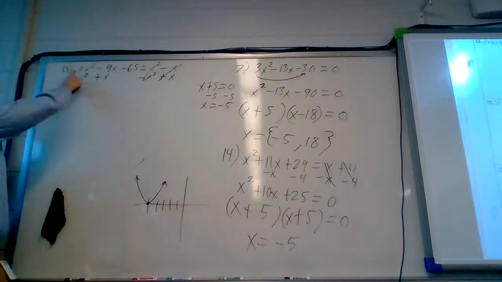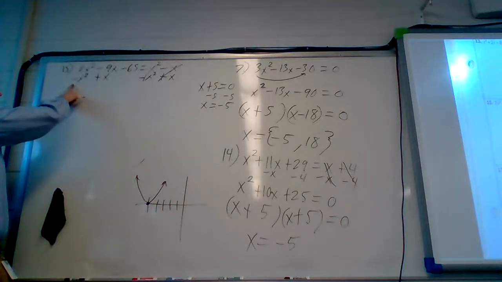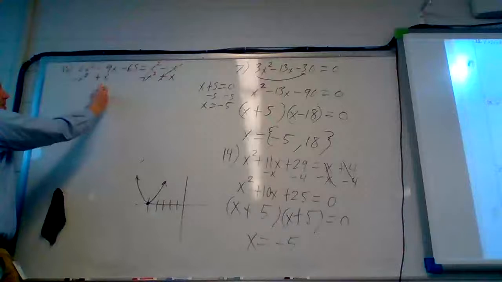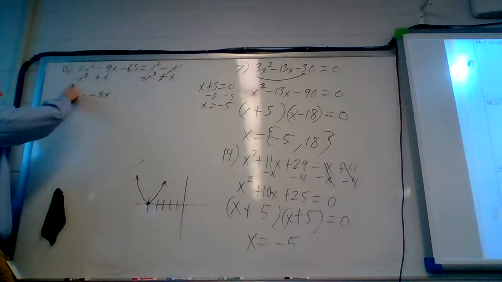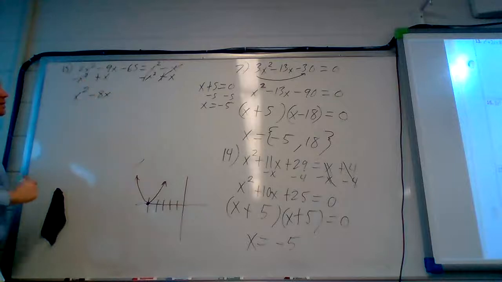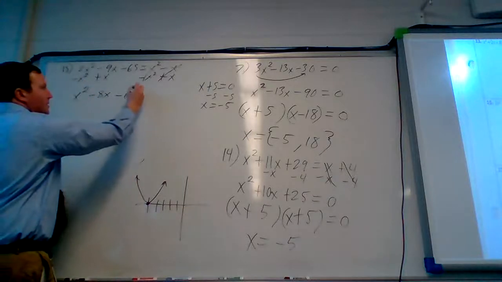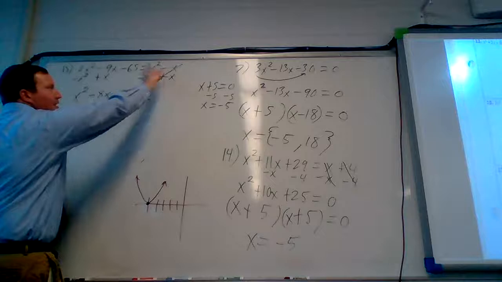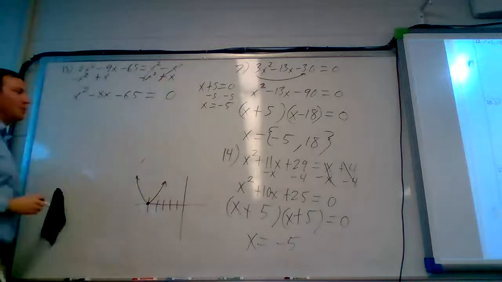So it'd be negative 9x plus x, that's negative 8x. 2x squared minus an x squared leaves us with just an x squared minus 8x minus 65. Everything on that side is gone, so we just have 0.